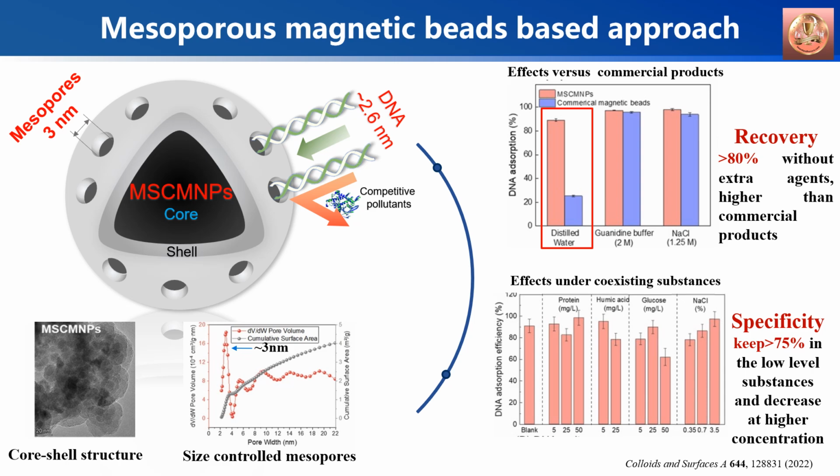So it is comparable to the size of DNA, and this leads to good specificity of the materials to DNA, and we can see from the right panel that the materials have a very high recovery efficiency to DNA, and also a good specificity to DNA.